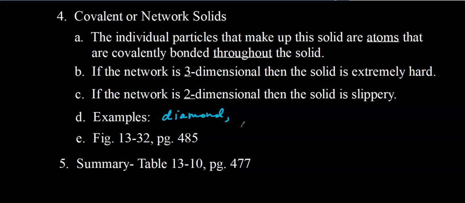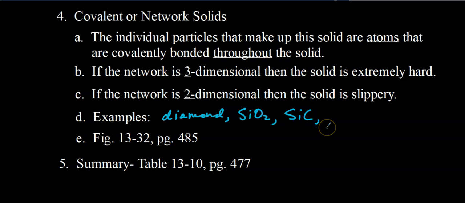Both diamond and graphite are made of just carbon atoms, but how the covalent bonds exist makes for very different properties of those substances. Another example listed in your book is quartz, or silicon dioxide, where you have silicon and oxygen atoms all covalently bonded to each other throughout the entire structure. We can see that also, letter C on page 485.